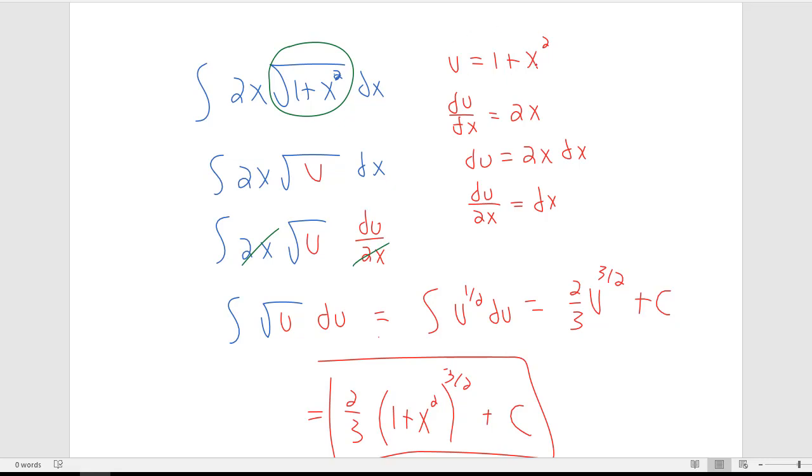We let u be the inside, take its derivative, and solve for the dx term. We wanted to replace this dx, so I plug that in. The x is canceled here, and my end result of substituting, all the x's are gone, everything's in terms of u.